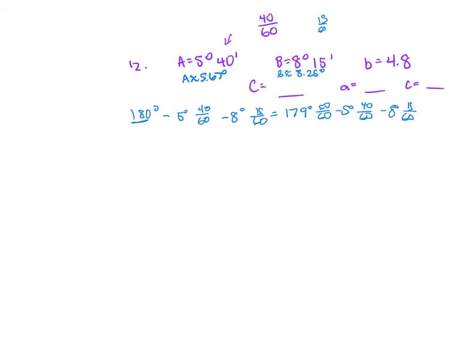And so what you would find is that that ends up being 166 degrees, and you're left with 5 out of 60, or that is 166 degrees and 5 minutes. Okay, so just in case it's going to ask for that. Then the last thing that you need to do, with 166 degrees and 5 minutes, is to solve for the rest.